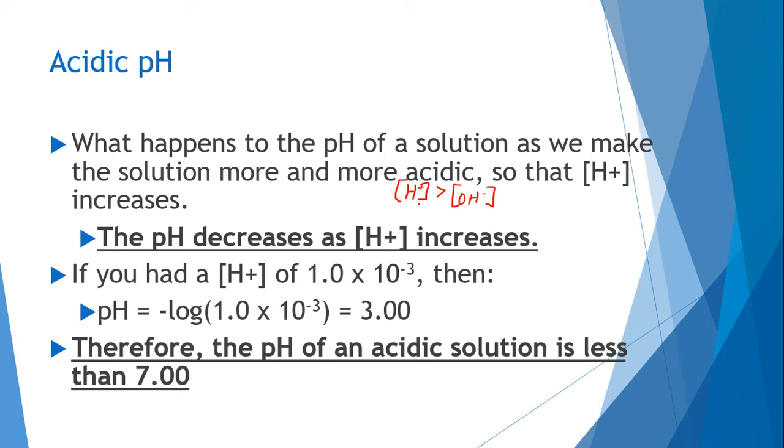One thing to note is that if your H plus increases, your pH number is actually going to go down. For example, something that's acidic is 1.0 times 10 to the negative 3. If I plug that into my equation, the negative log of that number, notice that this number is pretty small on that 0 to 14 scale. So we say anything that has a pH less than 7 is going to be acidic.